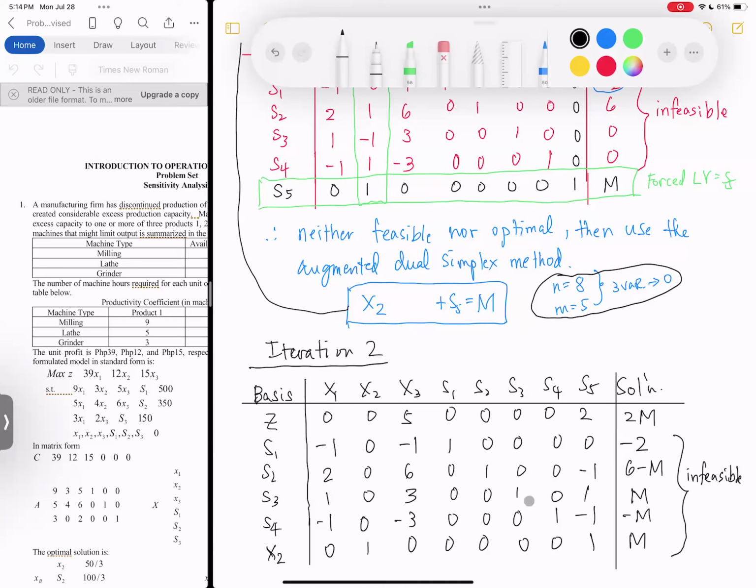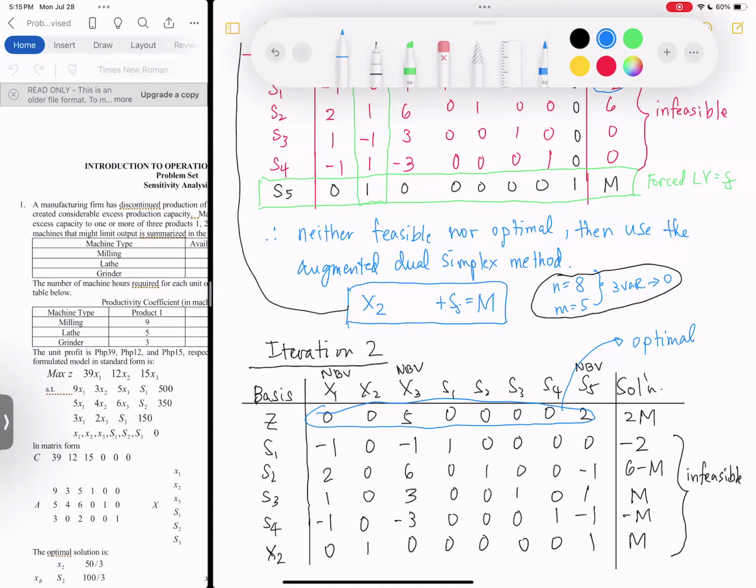And then if you look at the objective function, the non-basic variables are x1, x3, and s5. And their coefficients should be non-negative. So non-negative, non-negative, non-negative. So this row is optimal, correct?